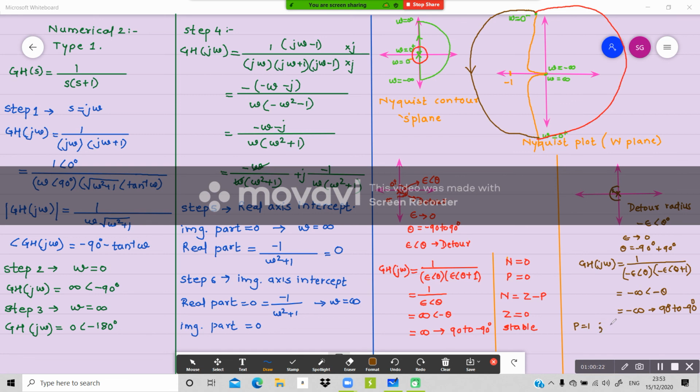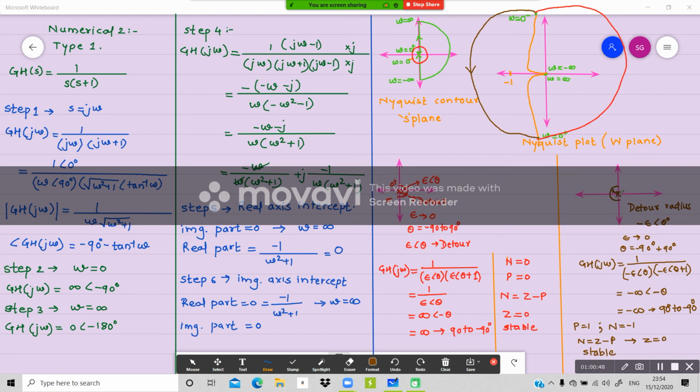That means N is equal to minus 1. N is equal to Z minus P. This is minus 1, this is minus 1. Again your Z will be equal to 0 and system is stable. So definitely for both the cases, the answer that you are going to have is the same. It depends how you look at the detour.